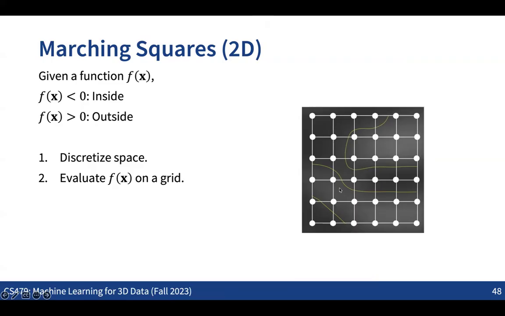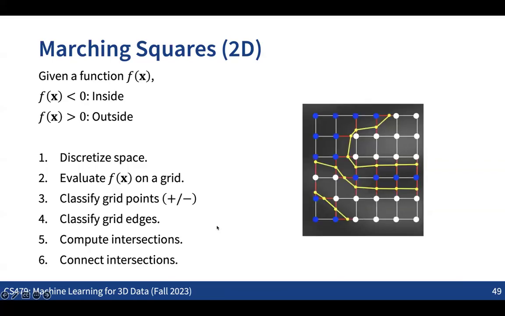Then we evaluate this function, classifying whether each of the corner points is inside or outside of the 2D shape. Based on that, we are also going to classify which edge of the grid should have the boundary of the shape.